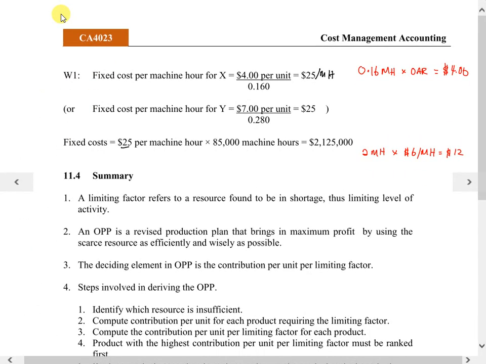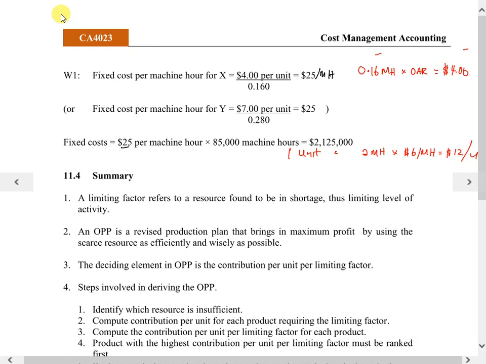So you work backward, same concept. 1 unit needs 2 hours, and each hour we absorb $6, so every unit absorbs 12. This is per unit. In this example, the 2 is given, so we find the 25. Clear?